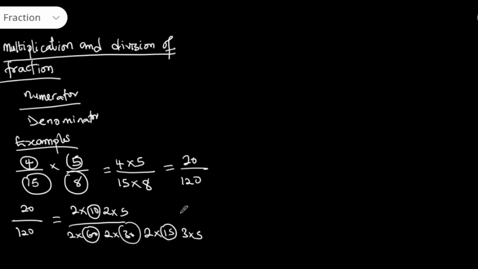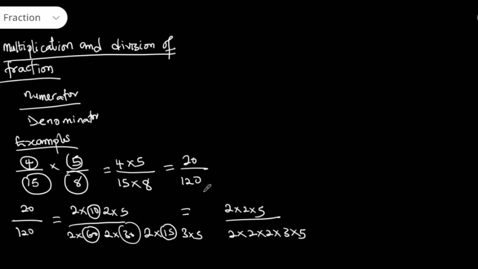Now that it can no longer be split, we have it that 20 is the same thing as 2 times 2 times 5. So that 120 will be 2 times 2 times 2 times 3 times 5.